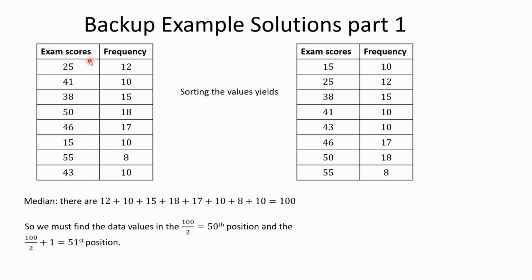So we are going to sort based on the exam scores, but with each data value, you have to keep its frequency. You could think of it as sorting an entire row based on the exam scores.